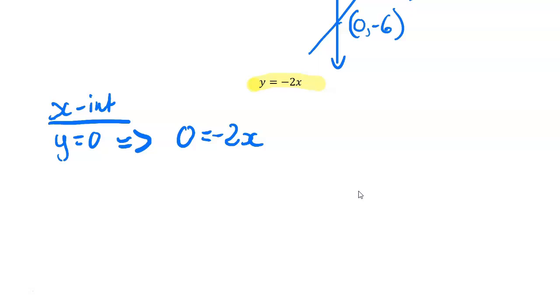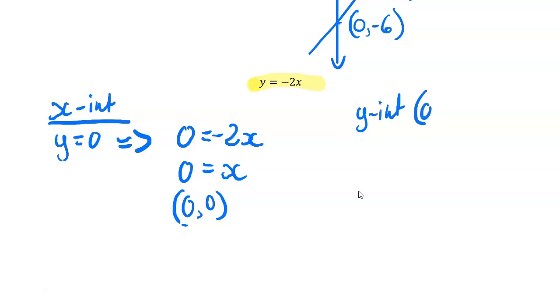Dividing both sides by -2, got 0 there. So our x-intercept occurs at 0, 0, which is the origin. Now also here, we haven't got a c part here, so that means that's 0.